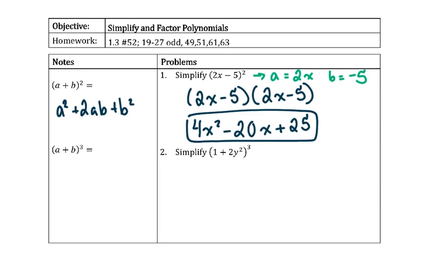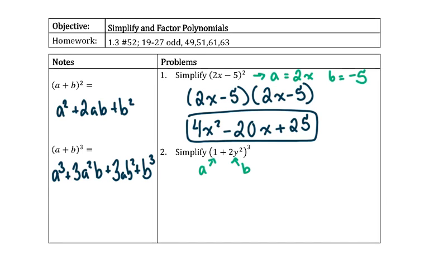Similarly, for (a + b) to the third, we can expand it out in FOIL, or we can remember the formula, which is a cubed plus 3a squared b plus 3ab squared plus b cubed. So in this case here, we could FOIL and expand it out. Otherwise, we can say that our first term here is a, our second one is b.